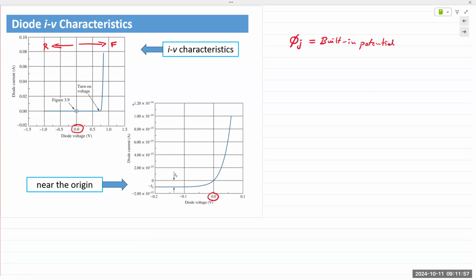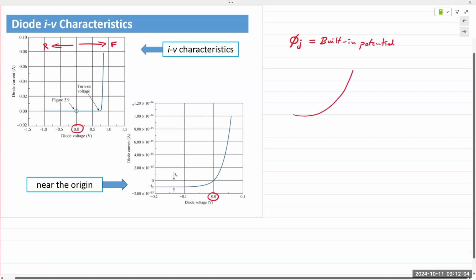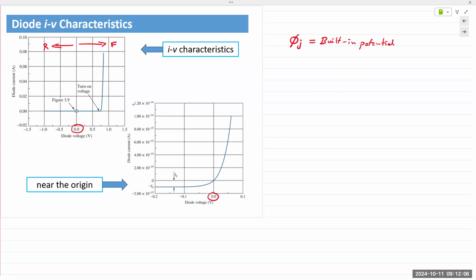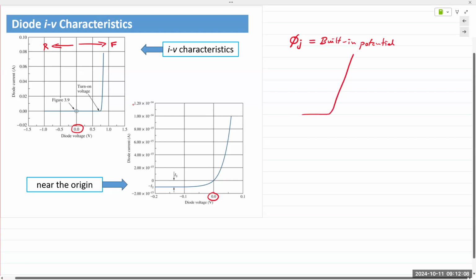Until then, the carriers do not have sufficient energy. And once that is overcome, you have a rapid influx of carriers. I'm exaggerating the slope right here. A small increase in the voltage results in a very large increase in the current. Okay.